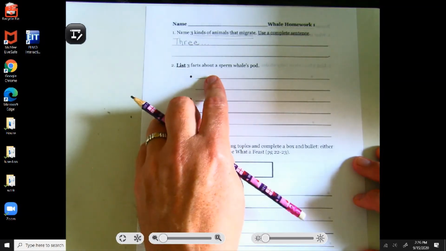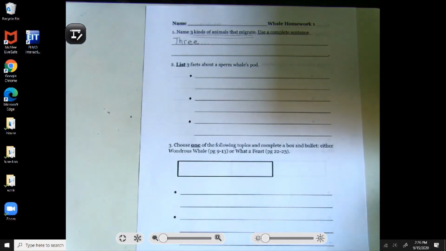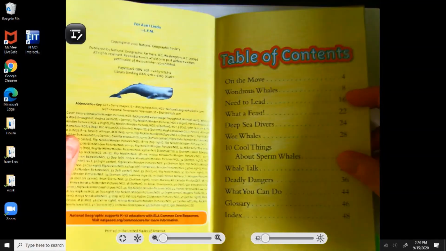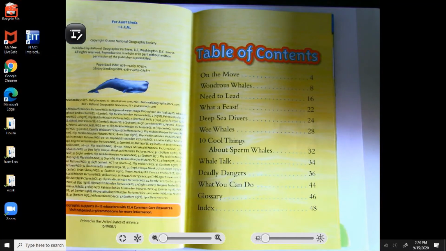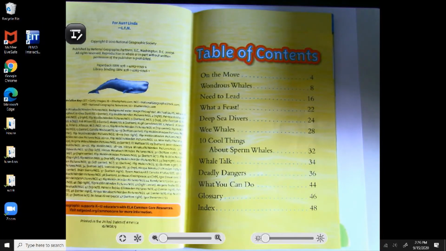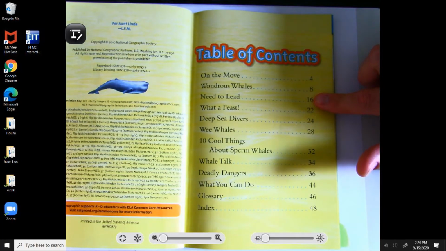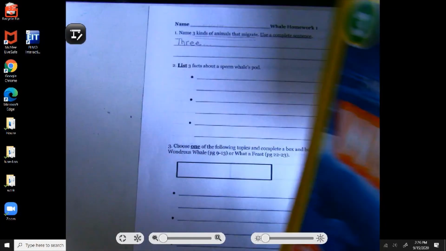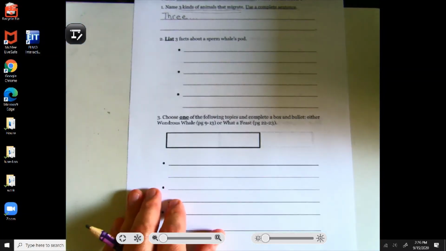So your list will probably be longer than just single words. And when you're making that list, scholars, you can go back to the front of your book and look at the table of contents. And do you remember where we read about pods? I feel like it was this need to lead chapter. So you could check that out, and use your book to help with evidence, to help with your 3 facts. But for now, we're going to question number 3 together.